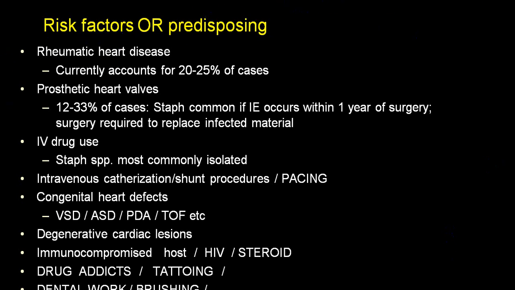You must have a valvular damage or prosthetic valve, IV drug abuse, intravenous catheterization, shunt procedures, pacing, ICD, CRT, etc. Even it is common in congenital heart disease like VSD, ASD, PDA, tetralogy of Fallot, degenerative cardiac disorders, immunocompromised host, HIV infection, steroids, drug addicts, the person who undergoes tattooing or dental work, or even if a person has got gum injury or dental injury secondary to brushing, etc.